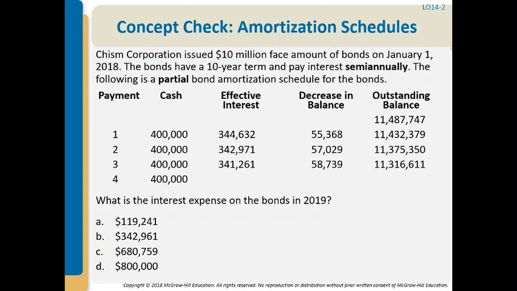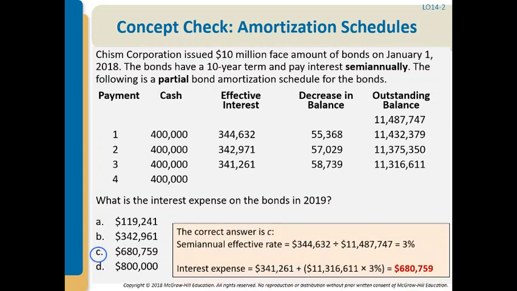So the question is, what is the interest expense on the bonds in 2019? Okay, so it's going to be what? Well, let's just see how they figured it out.